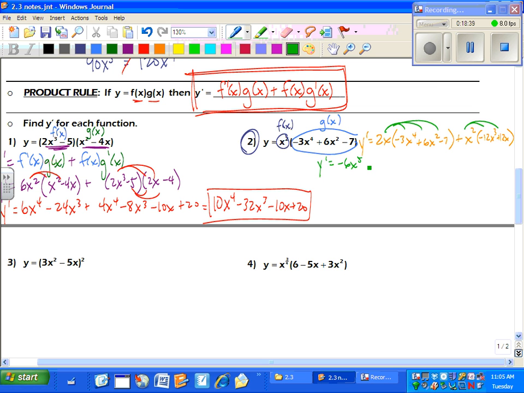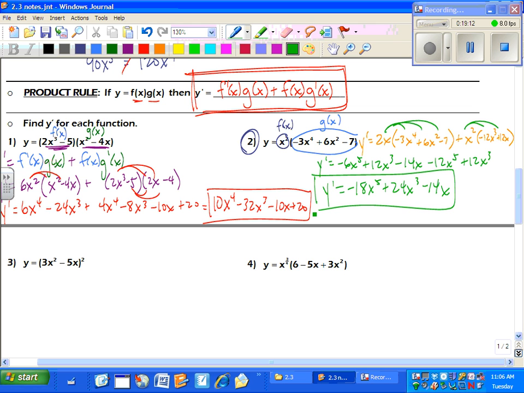Negative 6x to the fifth plus 12x cubed minus 14x minus 12x to the fifth plus 12x cubed. So if we combine like terms, we have negative 18x to the fifth plus 24x cubed minus 14x. We could factor out an x and a 2 if we wanted to, but right now, we don't need to.